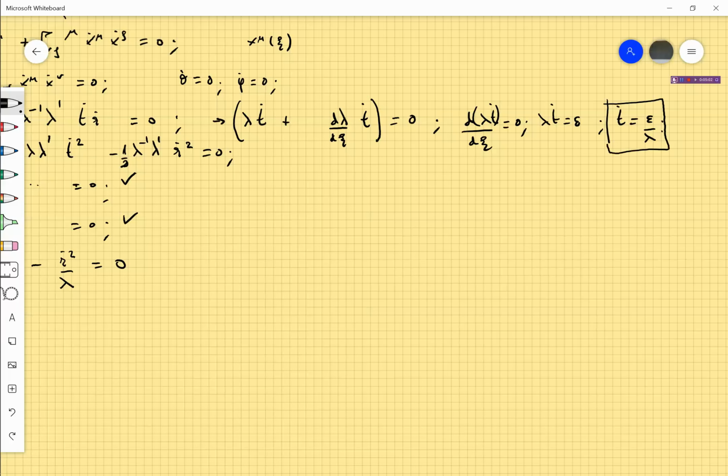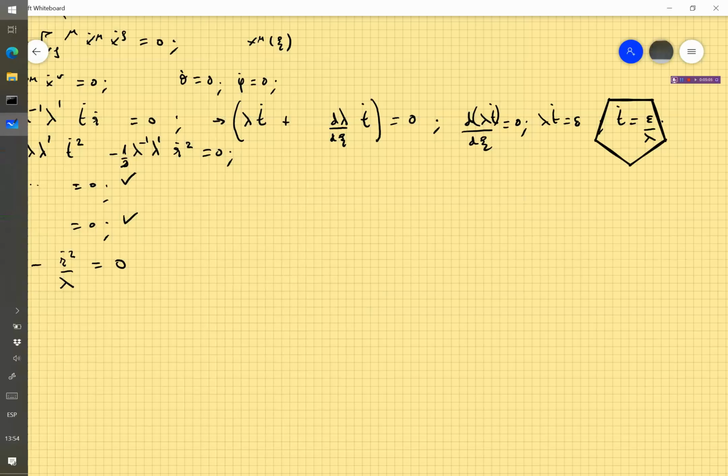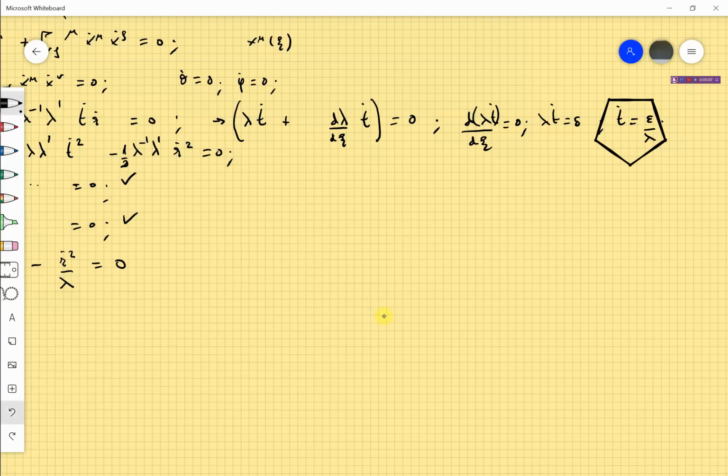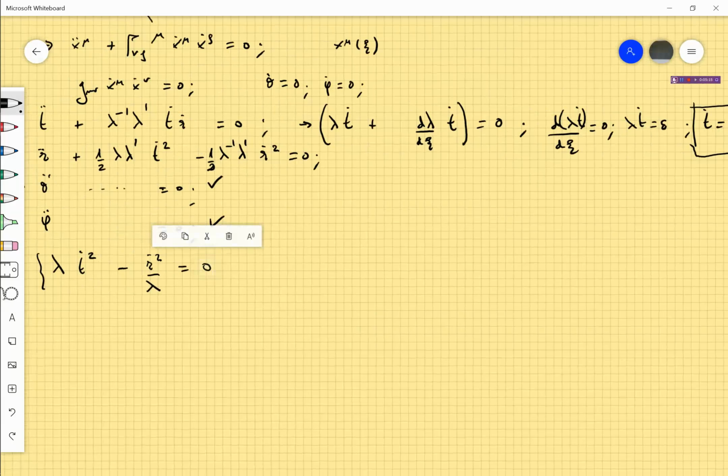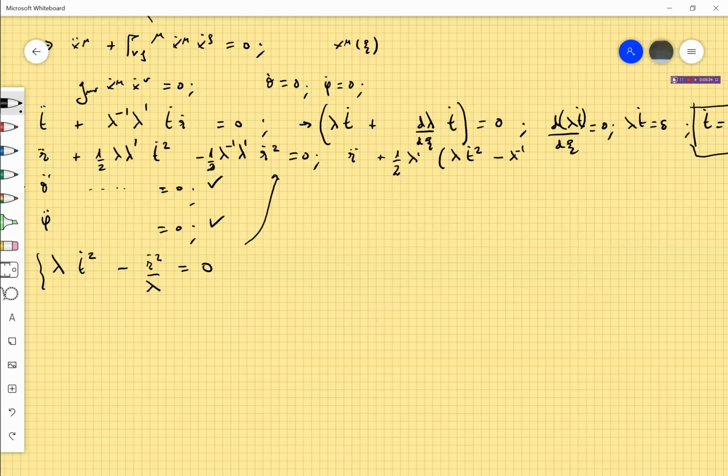And this is one of the equations that we have to integrate. Now we can use this equation here to simplify this one, because you see that this becomes r double dot plus a half, which we take as common factor, lambda prime, which is also a common factor, and then you have lambda t dot squared minus lambda minus 1 r dot squared equal to 0.